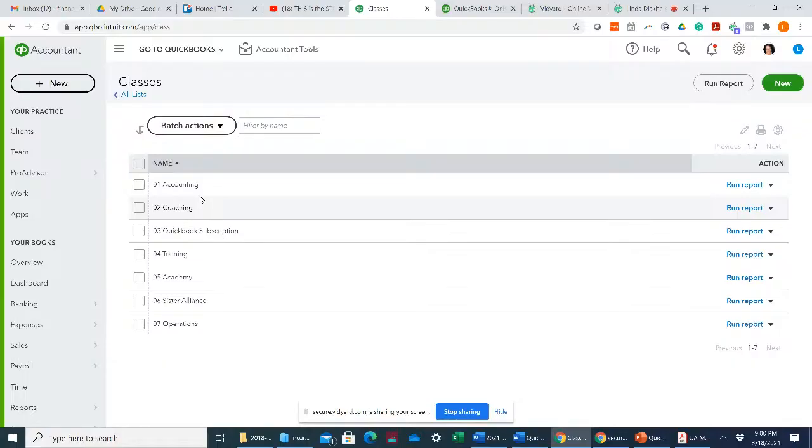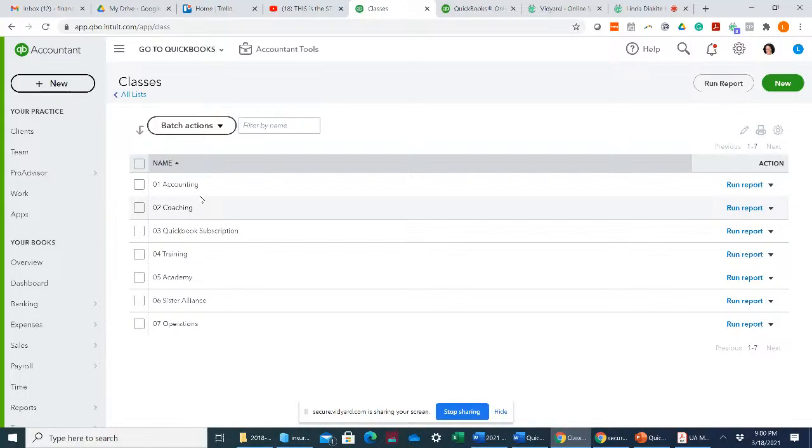A good example is if you receive a grant. Say you receive a business grant, and at the end of the year they say, please give me a grant report. Well, you need to create a class in QuickBooks so you can record all of the revenue and all of the expenses against that grant.